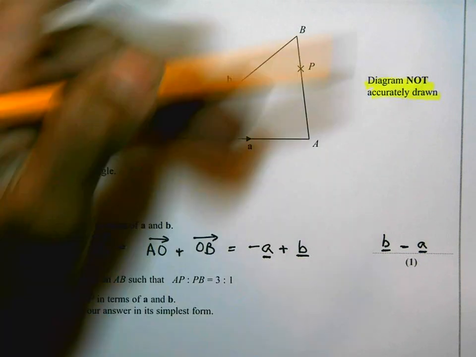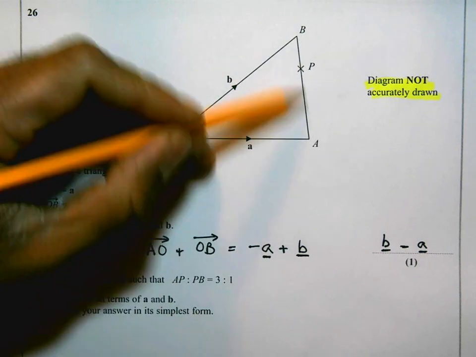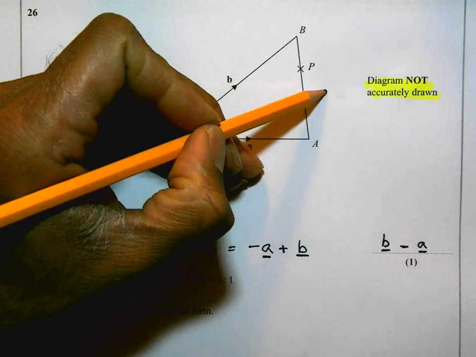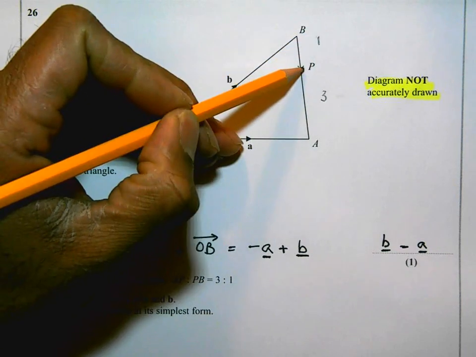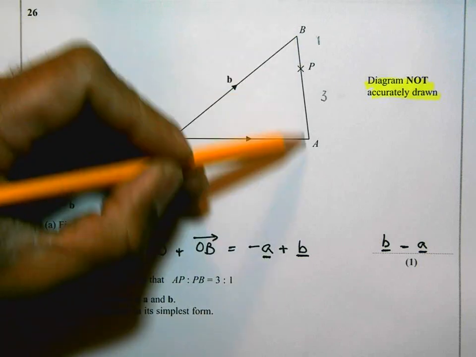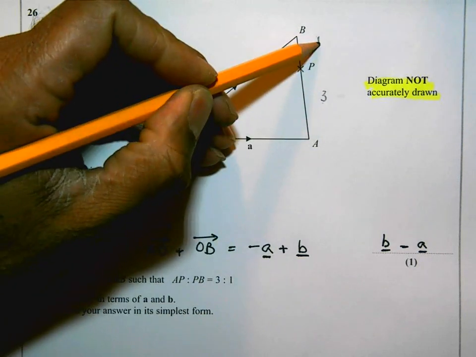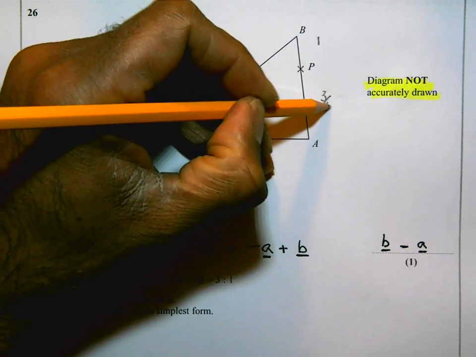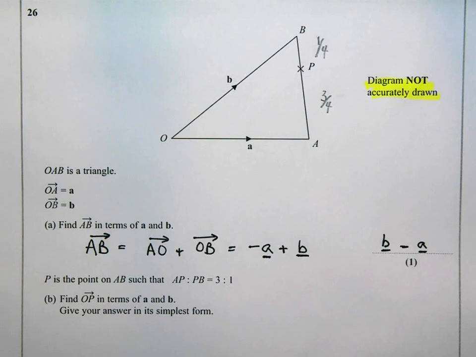A to P is 3 times the length of P to B. So this here is made up of 4 parts altogether, and this is 3 out of 4, and this is 1 out of 4. So this section here is 3/4, this section here is 1/4. That's the way to think about it, and that's the way to get to your result.